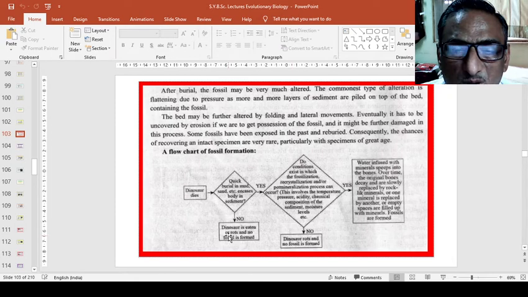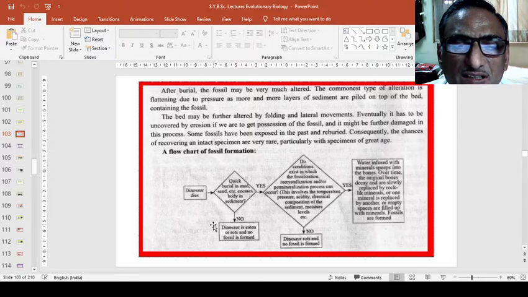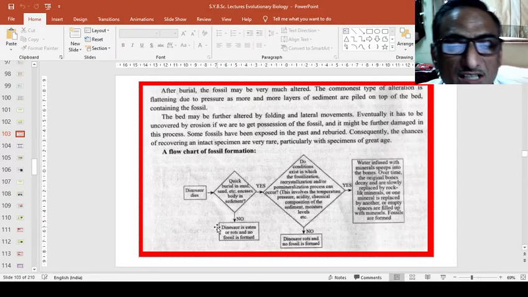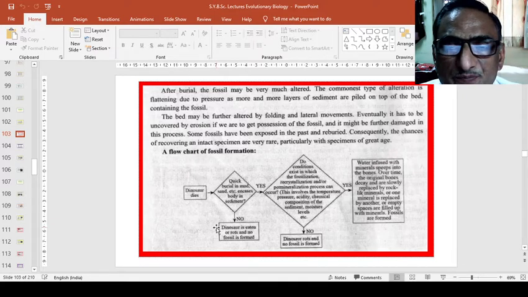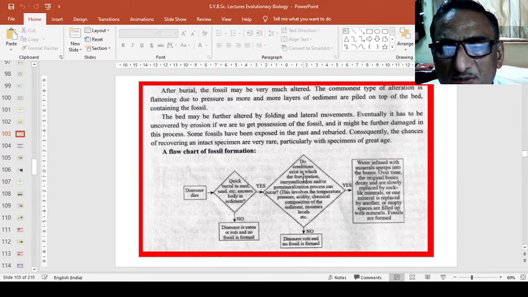And if no, the dinosaur is eaten or rots and no fossil is formed, or the dead body of the dinosaur is eaten up by scavengers, either fox, dog, and likewise. And if yes, then this is the second possibility.